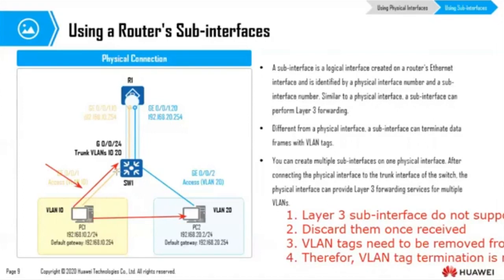So it gets to switch 1. What will switch 1 do to it on this particular interface that is configured with a PVID of 10? It will tag it, right? After tagging it, it will send it to this trunk port, which allows VLAN 10 and VLAN 20 to pass through, right?